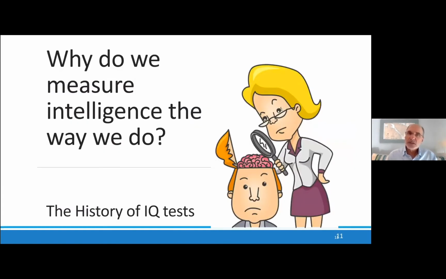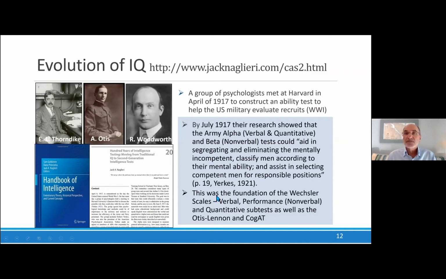So let's just step back for a minute or so. Why do we measure intelligence the way we do? Well, it's because of these guys: Thorndike, Otis of Otis-Lennon, Woodworth.